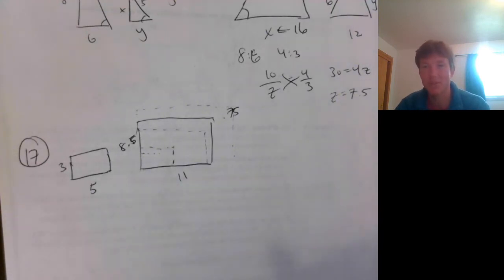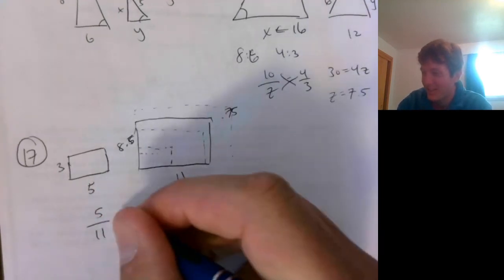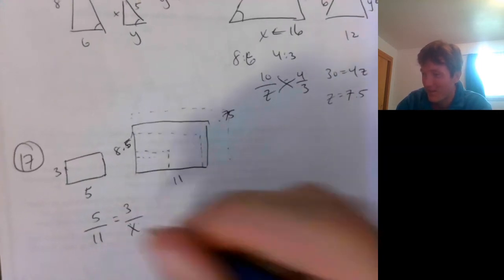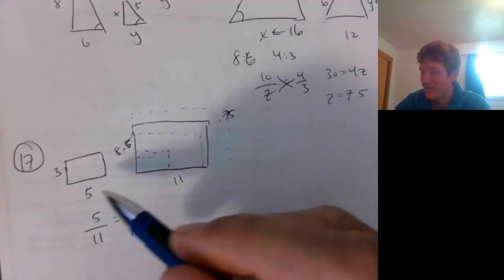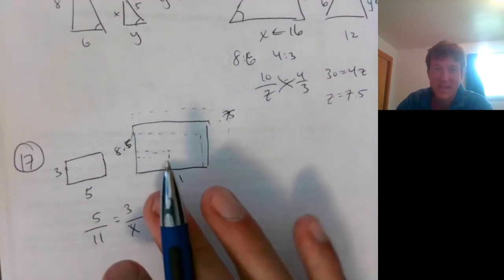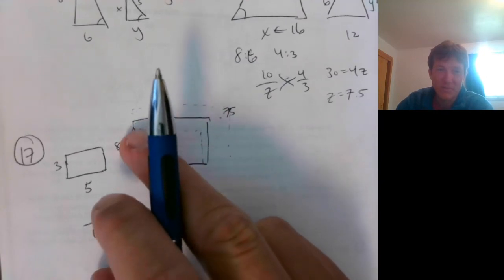I feel like I'm stumbling on my words here. Let's do it this way. 5 over 11 is equal to 3 over x. So I'm going to fill it up all the way horizontally here, and then see how much my height goes up.